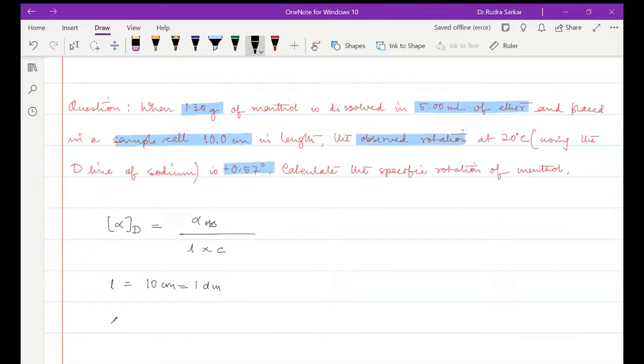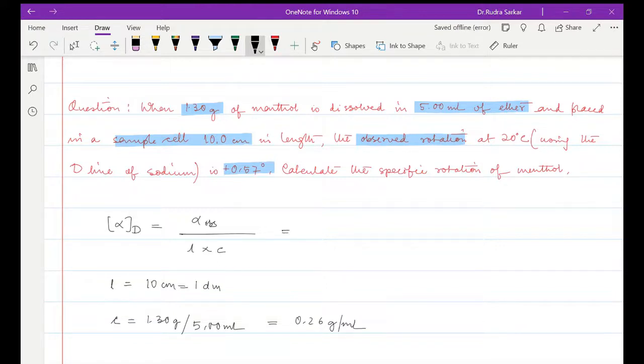What is the concentration? 1.30 gram divided by 5 ml. Okay. So that is 1.3 divided by 5, which is 0.26 gram per ml.